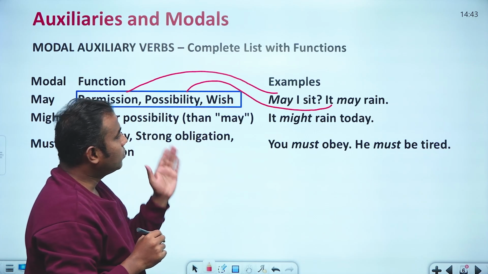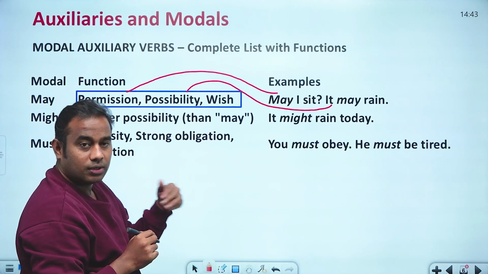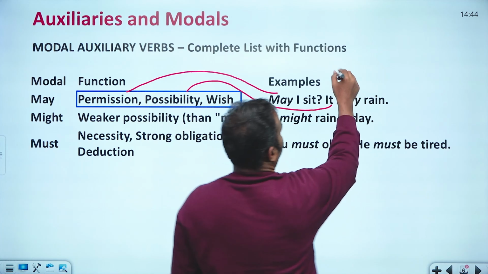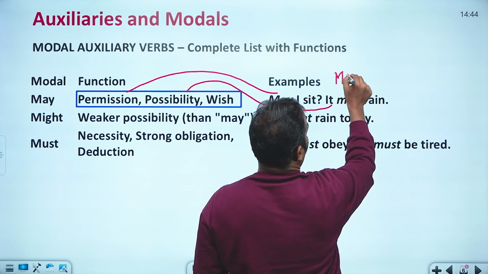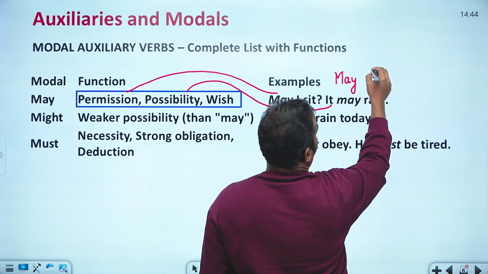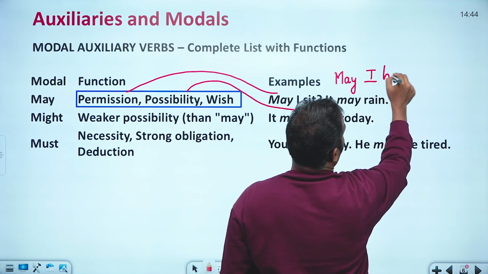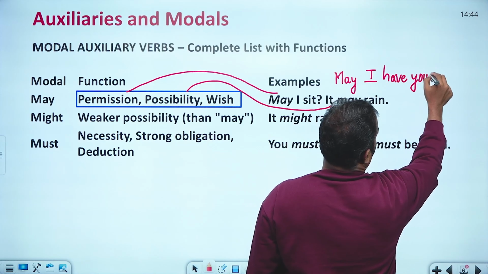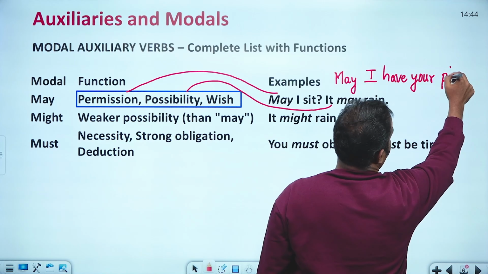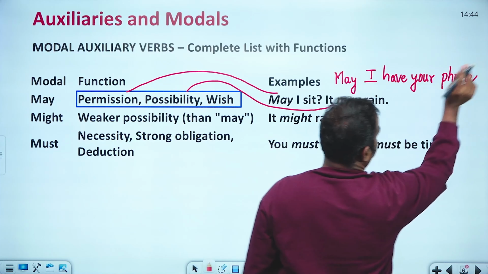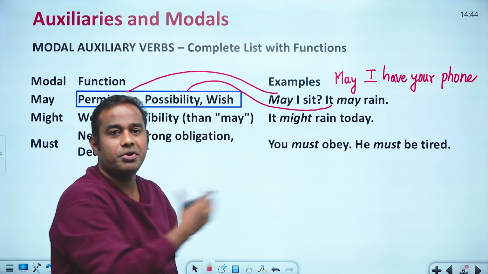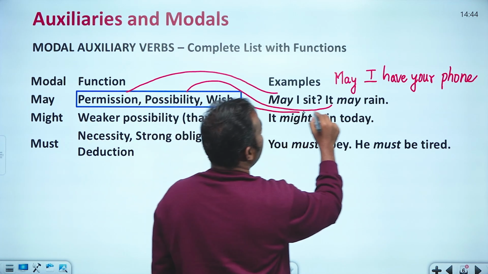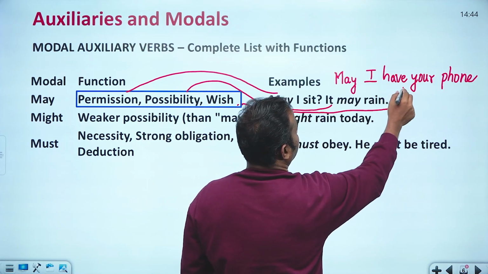Sometimes you can also express a wish: May I have your phone? This is basically the wish. You would like to have somebody's phone. So this is may.